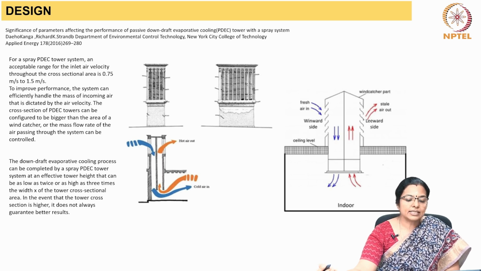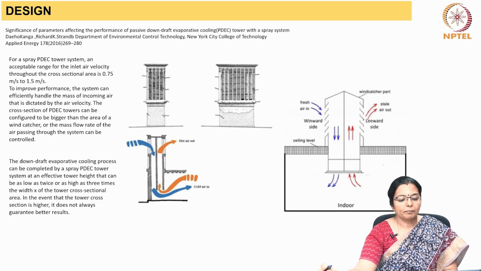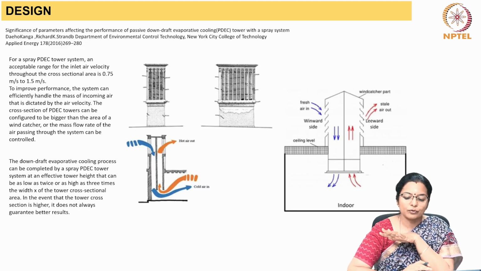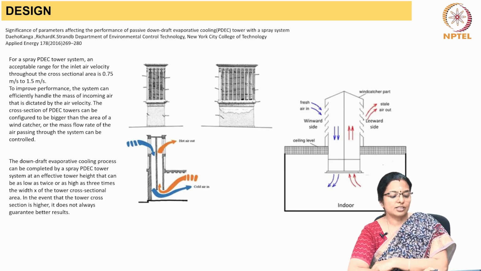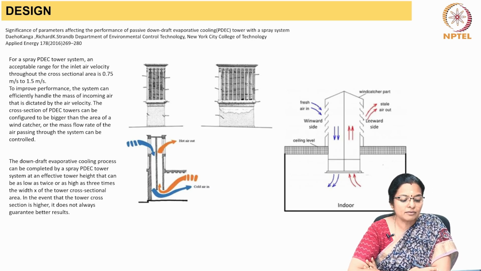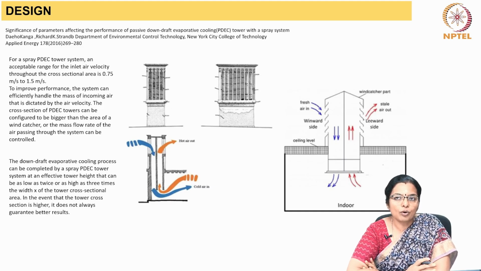So we can see in this case study, or rather in this research paper, which talks of the significance of parameters which affect the performance of PDEC. So for a spray PDEC tower system, an acceptable range for the inlet air velocity throughout the cross section should be 0.75 meters per second to 1.5 meters per second.